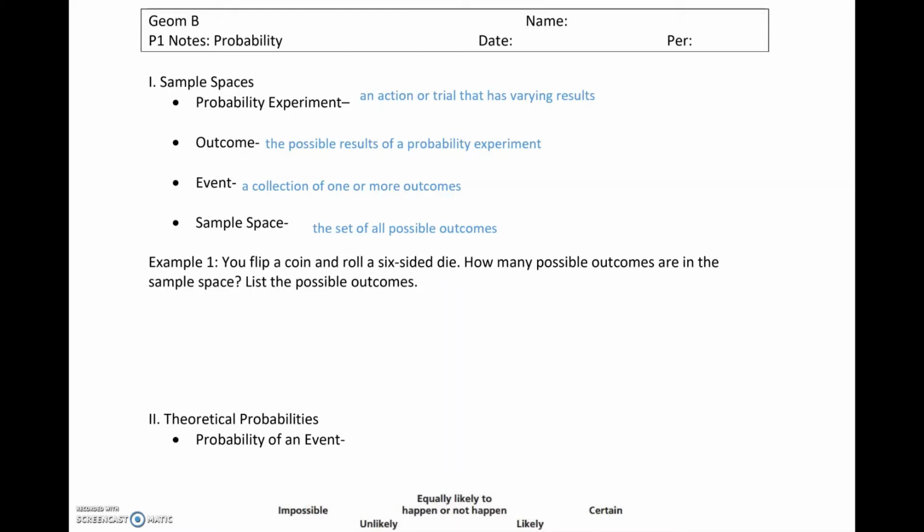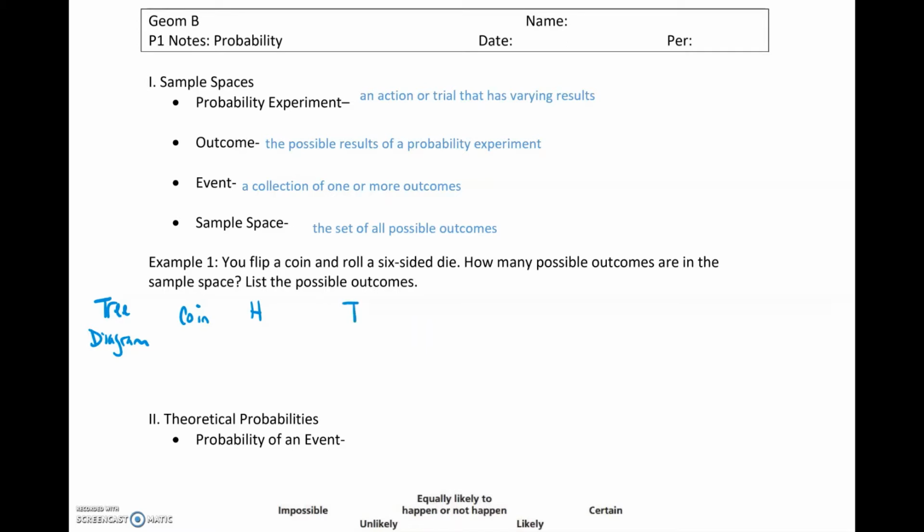Okay, so let me show you a tree diagram first. So this is my tree diagram. What you would do is you have 2 different things happening, right? You're flipping a coin and you're rolling a 6-sided dice. So you'll start with the outcomes of one of those situations. So I'm going to start with my coin. My possible outcomes are either heads or tails, right?